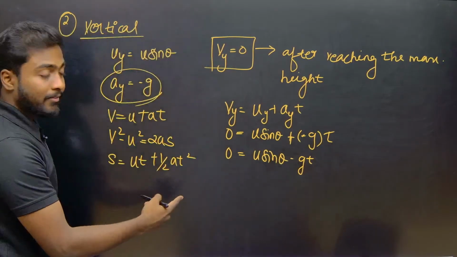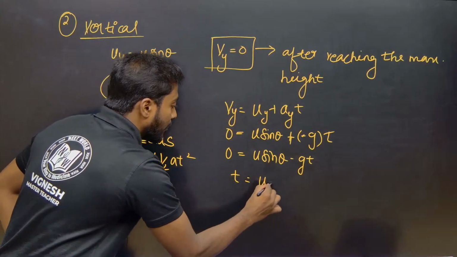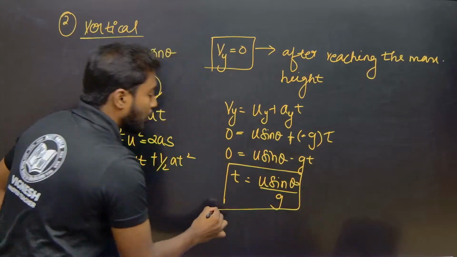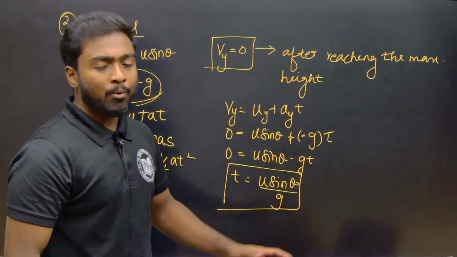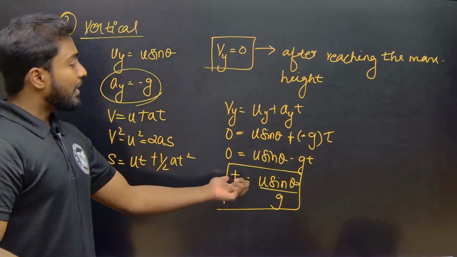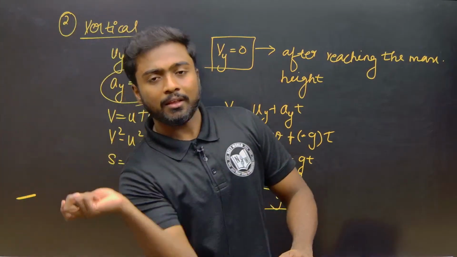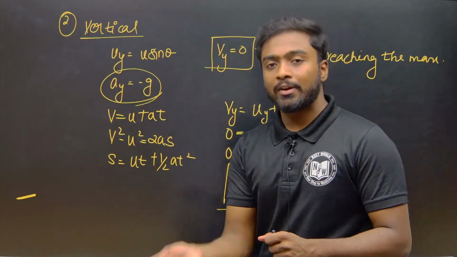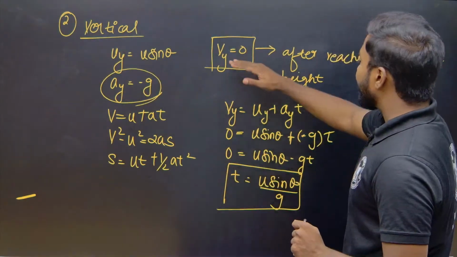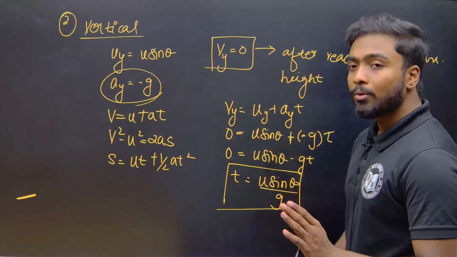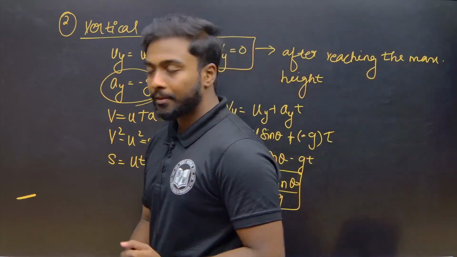From here I can say t is nothing but u sin theta by g. This is the time taken to reach the maximum height. You are throwing the ball with some velocity, and this is how much time it takes to reach the maximum height. So t is equal to u sin theta by g, right.